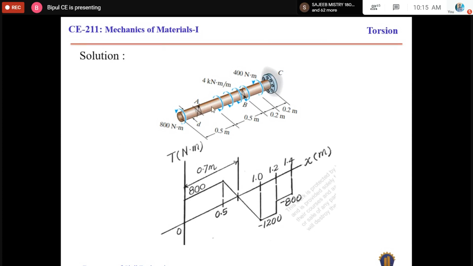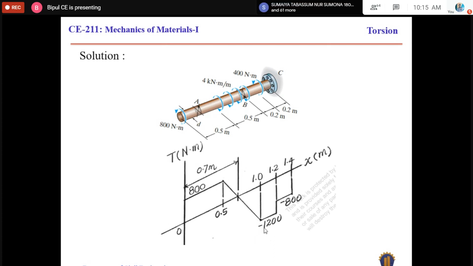And if you learn how to draw the shear force diagram, then you will see the diagram within this length will be an inclined straight line. Because at this point the total torsion is 800, and at this point the resultant torsion is 1200.